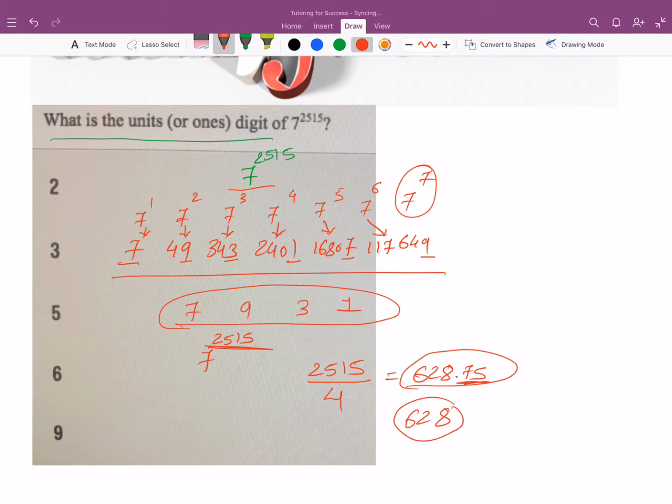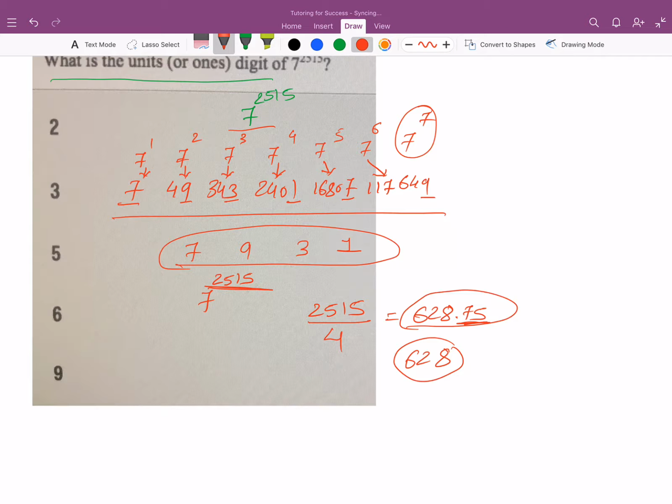But then what do we do about that 0.75? What does that tell you? That tells you that 0.75 is another set of numbers which did not complete a loop, but which comes right after completing loop 628. So how many numbers are in that partial loop? Let's find out.